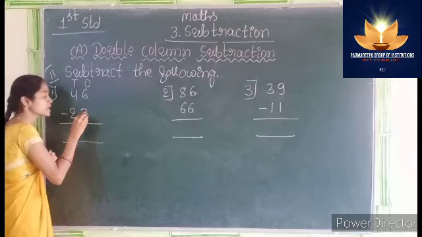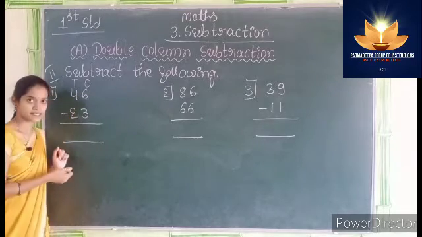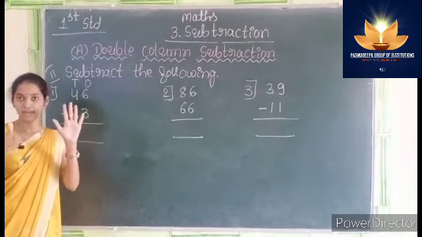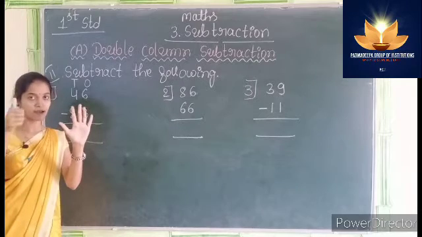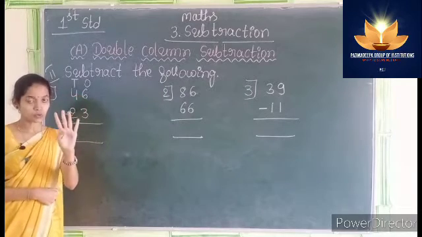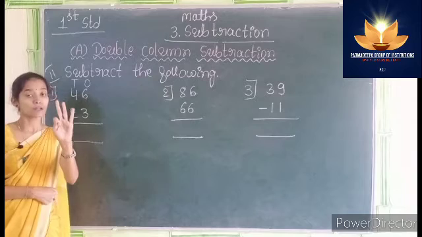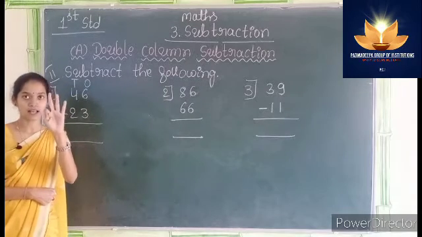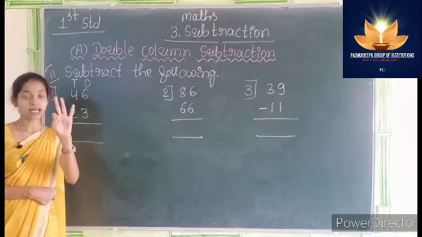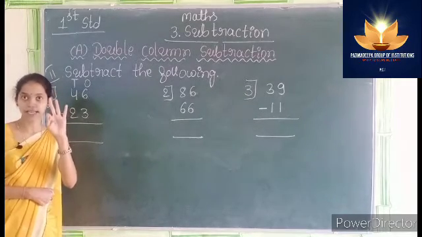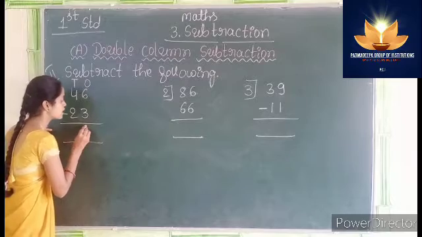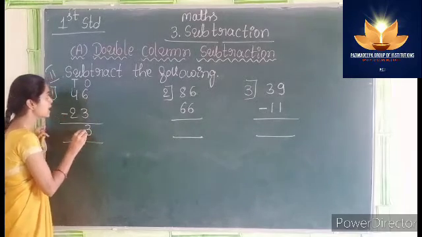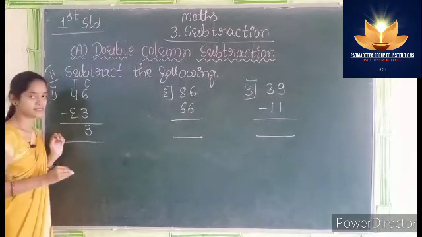Subtract first 3 from this 6. 6, we have to remove 3. 1, 2, 3. How many fingers left? There are 3 fingers left. So 6 minus 3 is 3. We have to write 3 under this ones place.